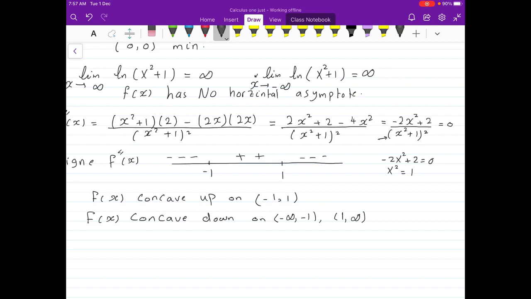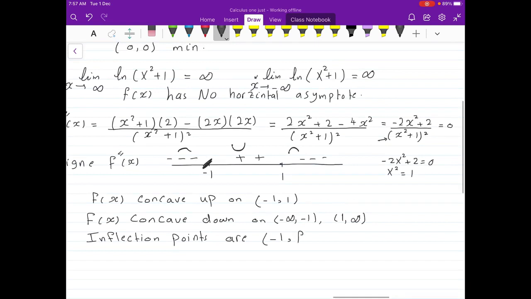Does the function have an inflection point? Down, up, down. The function is continuous at this point, and around this point the function changes its concavity. So the inflection points are minus 1 and 1.